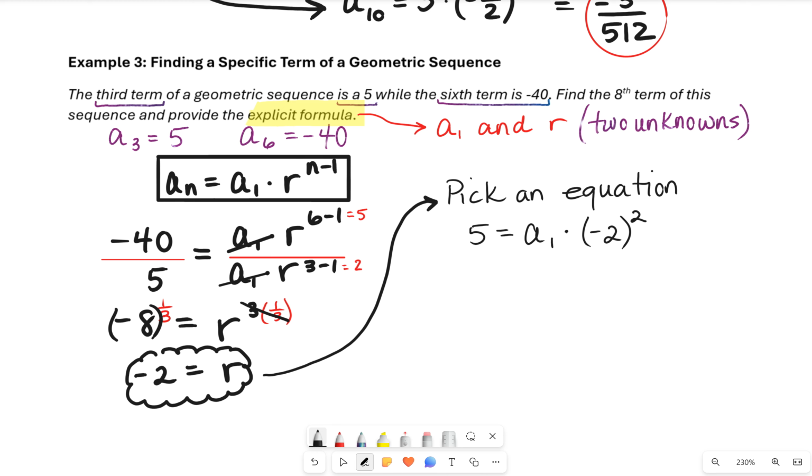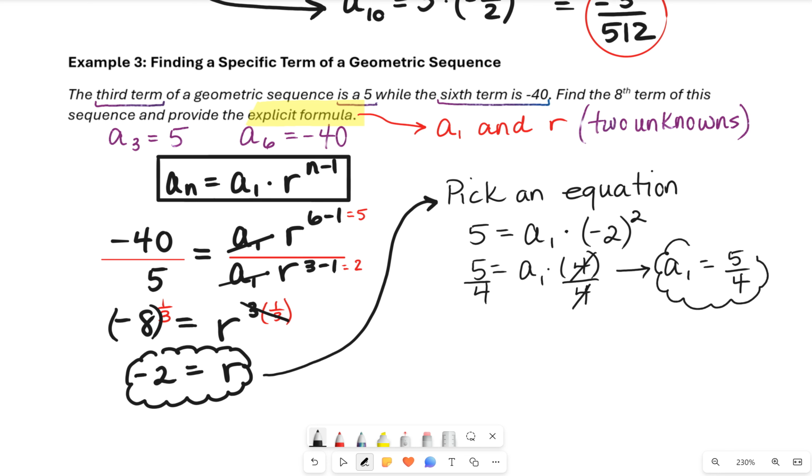And 3 minus 1 we know is 2. -2 squared is a 4. And to solve for a sub 1, I have to divide both sides by 4. So that a sub 1 will be isolated. A sub 1 is 5/4.